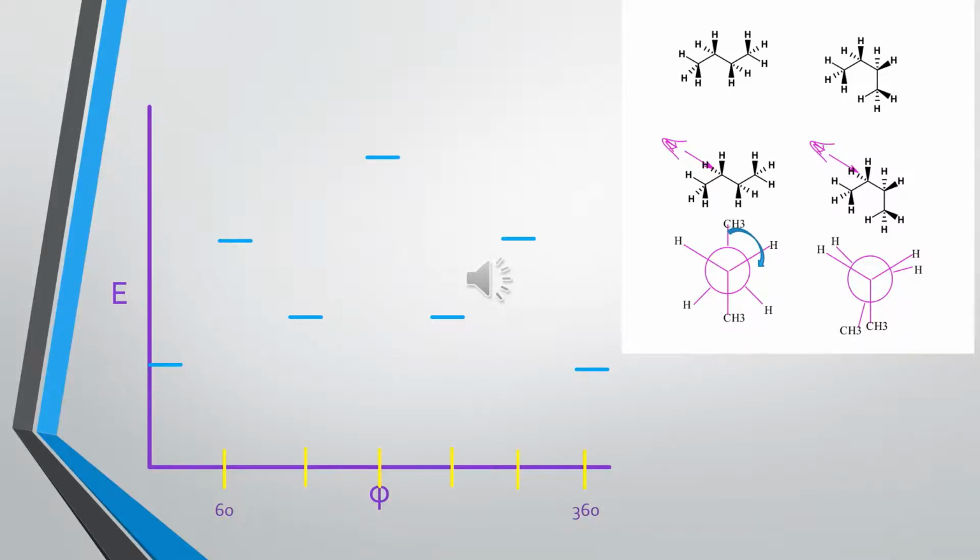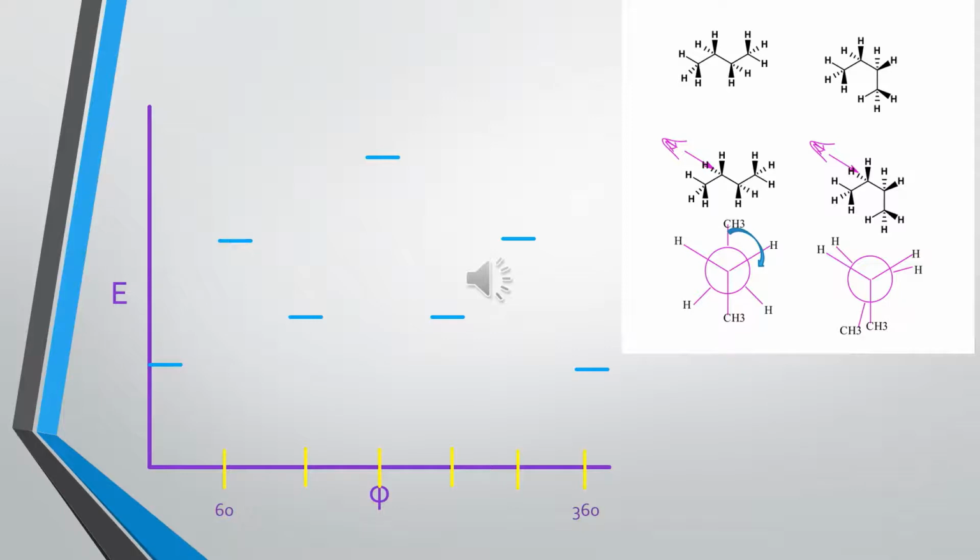Another 60-degree rotation, and we go back to a staggered conformation. But it's not the best staggered conformation. The methyls are not as far apart as they can be, as they were in the starting staggered conformation. And so the energy bar drops down, but it's intermediate between the first staggered conformation, which is the lowest energy conformation, and that next eclipsed conformation.